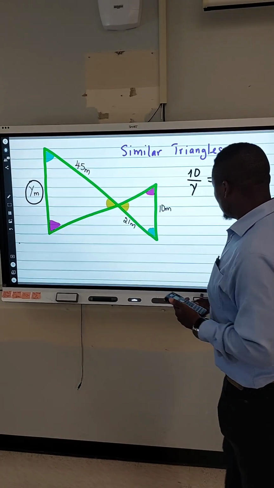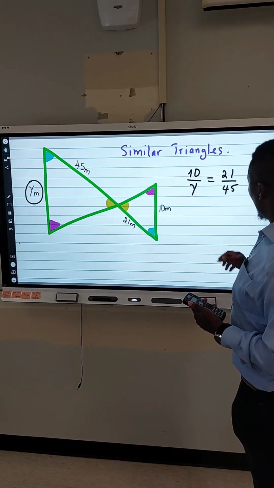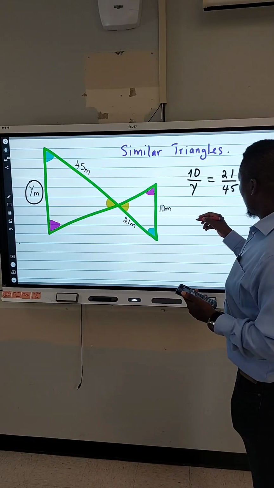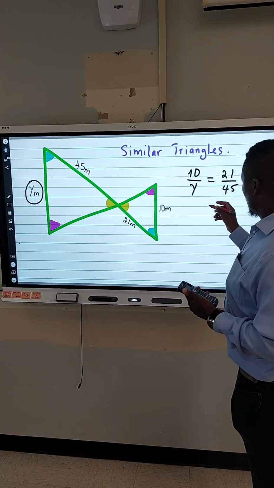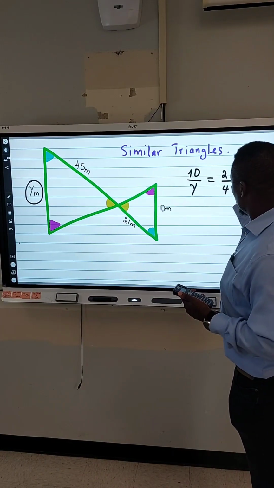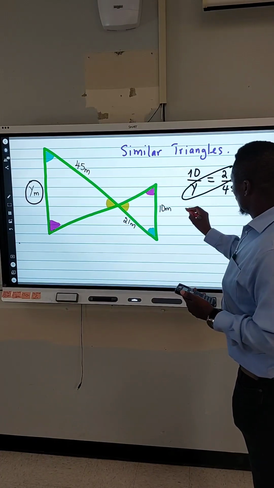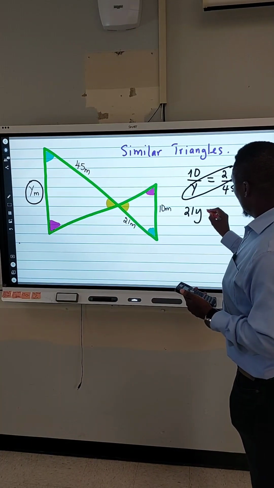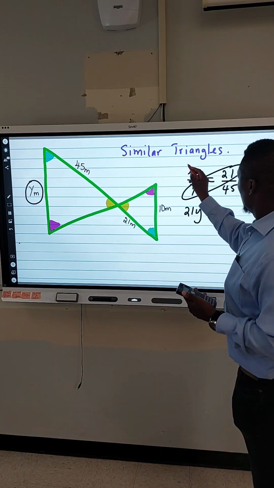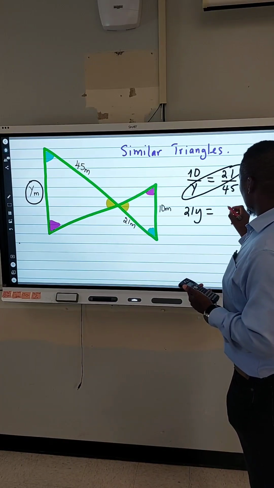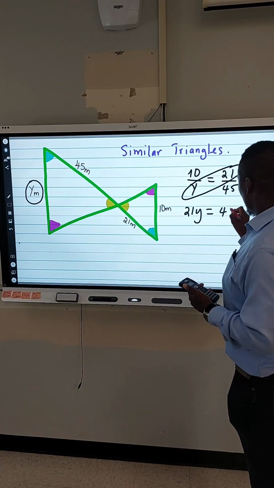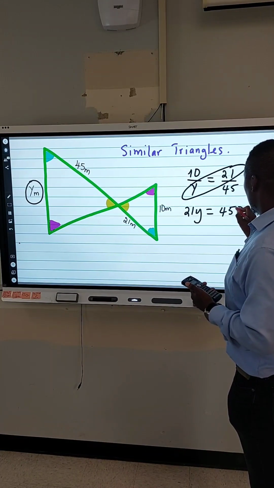So we do the cross multiplying again to get 21y equals, now we multiply 10 by 45, 21y equals 450.